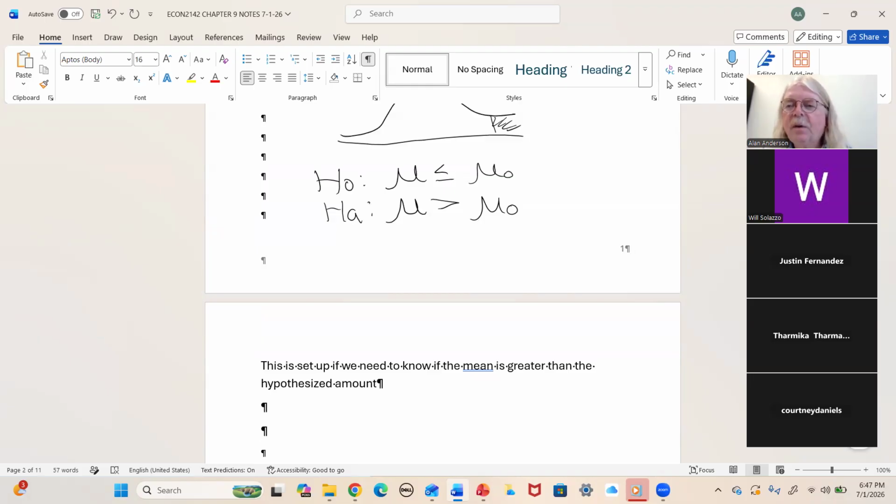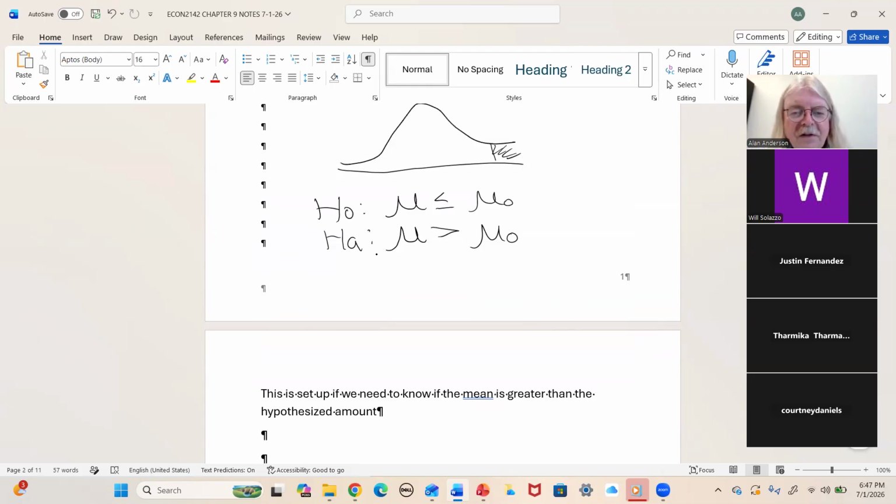But this is a scenario where it's critically important to find out right away if the mean is higher than we realize. So it's a right-tailed test. And the reason why it's right-tailed is because if you notice, this greater than sign is pointing to the right. That's one way of looking at it.